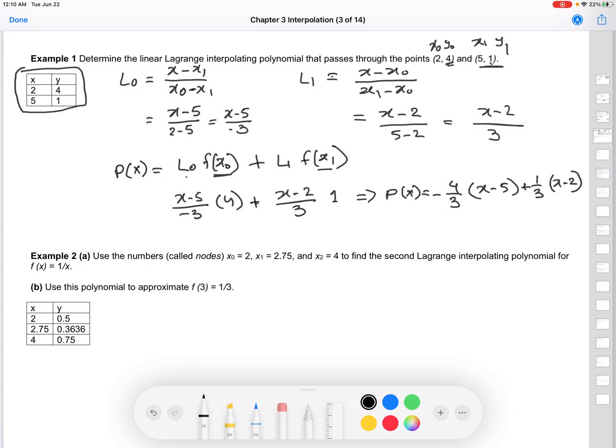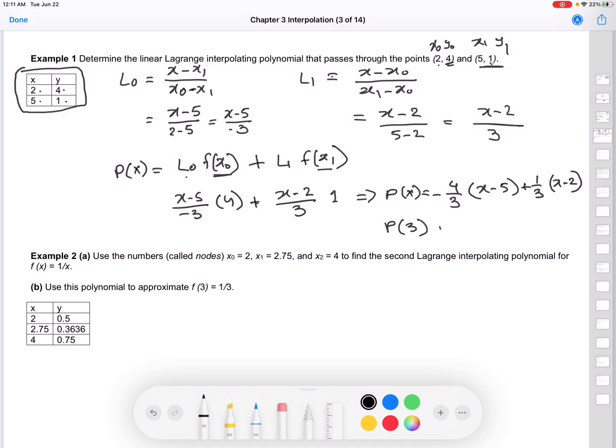So suppose this is giving values between 2 and 5. The points are given at x equal to 2, y is 4, and at x equal to 5, y is equal to 1. Now if you want to find the function value at x equal to 3, what is P of 3?